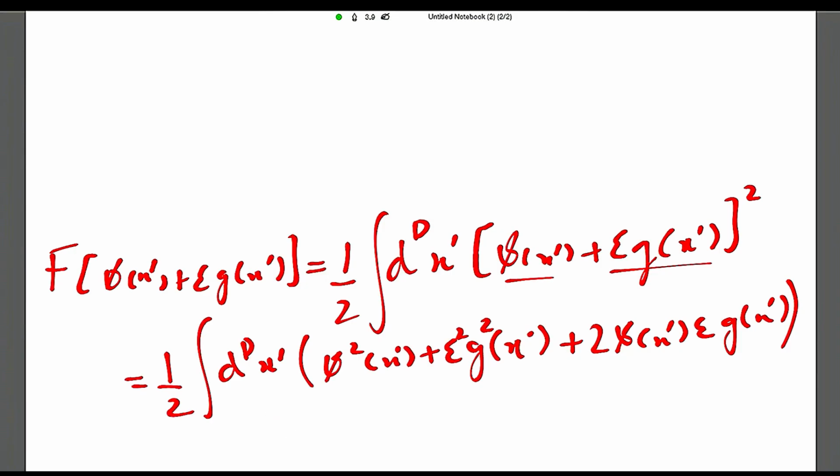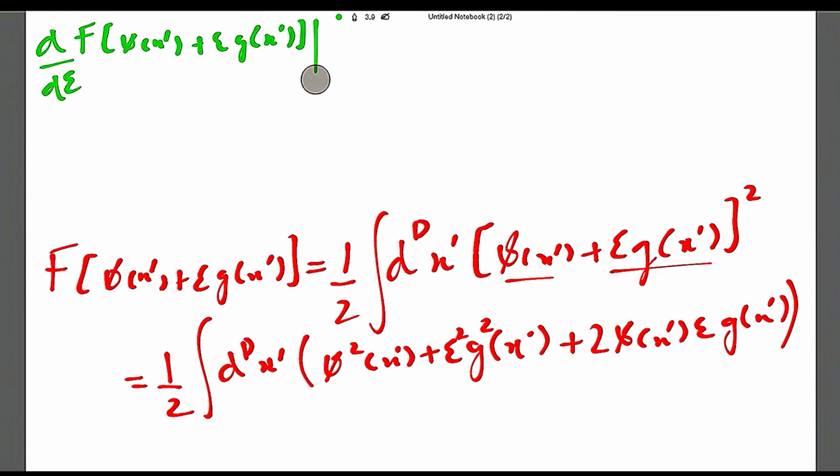All right, so what we can do here is write down the thing that we needed to calculate in the first place. That was d by de of this whole thing, capital F, and the new argument phi of x prime plus e g of x prime, at e equals 0.